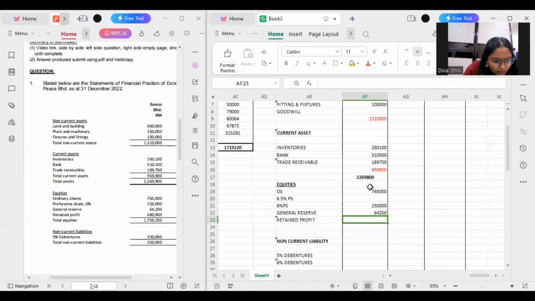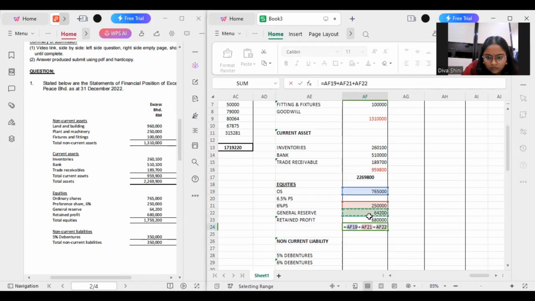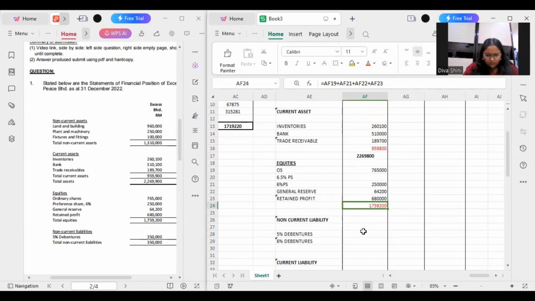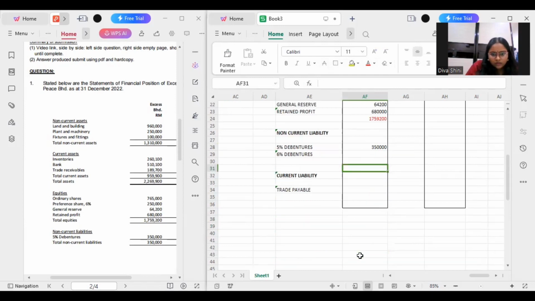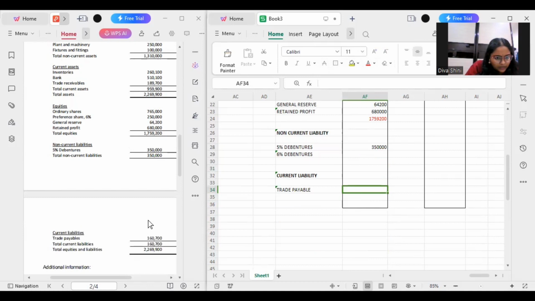And the retained profit is 680,000. In the non-current liability here, 5% debentures 350. Okay. And the trade payable is 160,700.